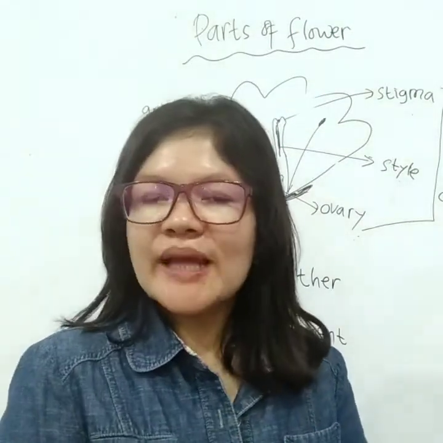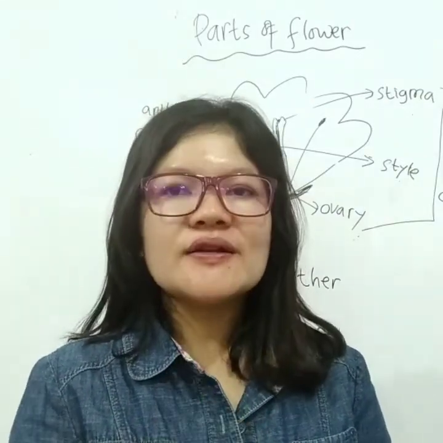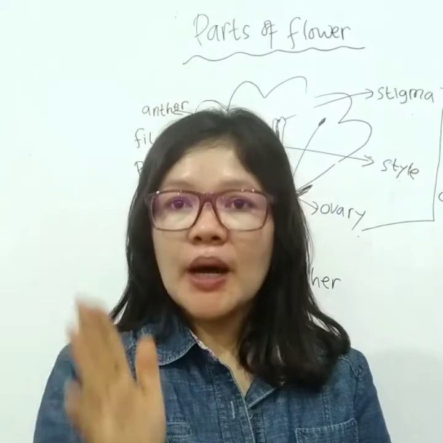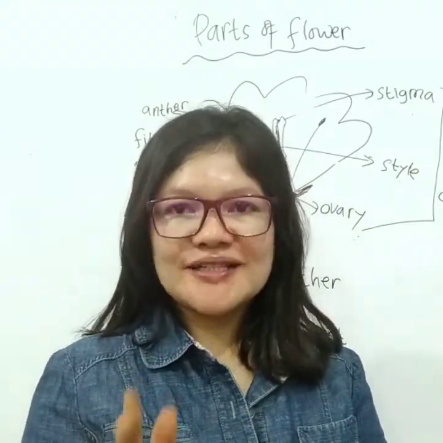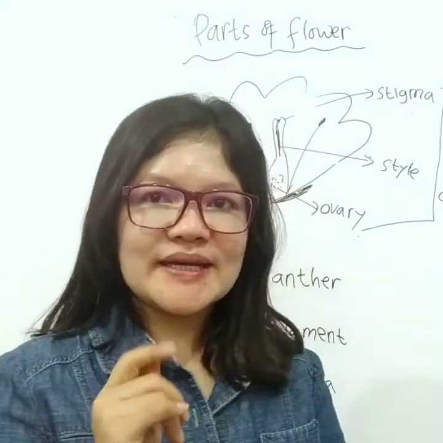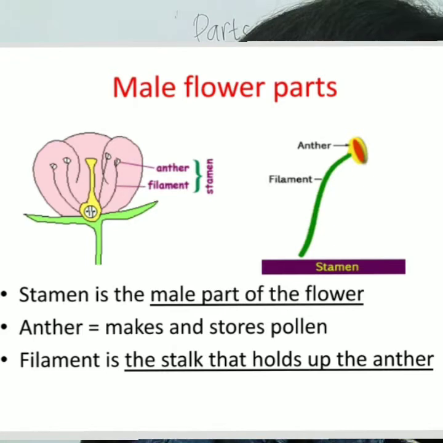Now Miss Happy will explain to all of you the uses or functions of each of the female and male parts of the flower. Please check this out. For the first one, the male parts of the flower.